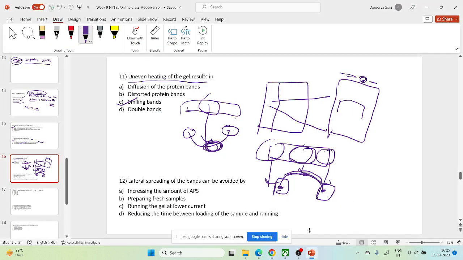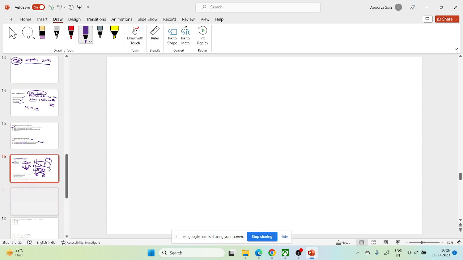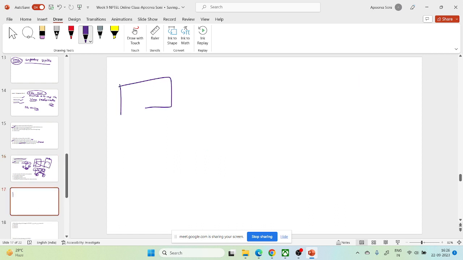So what happens is that suppose I have prepared my gel. I'll explain with the agarose gel first, and then I will come to SDS. So this is your agarose gel, a horizontal gel.